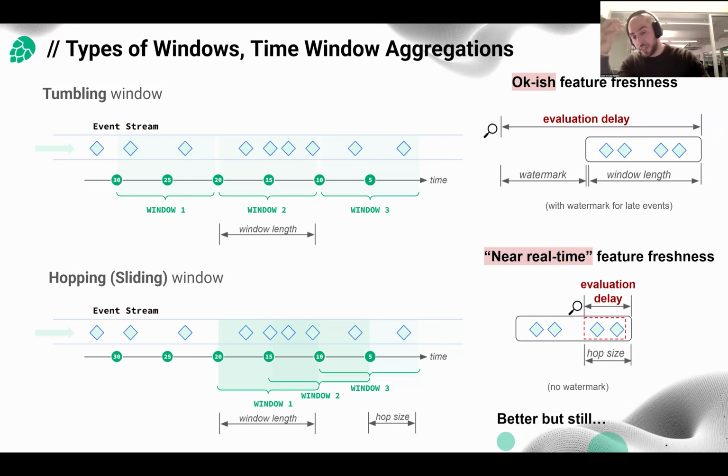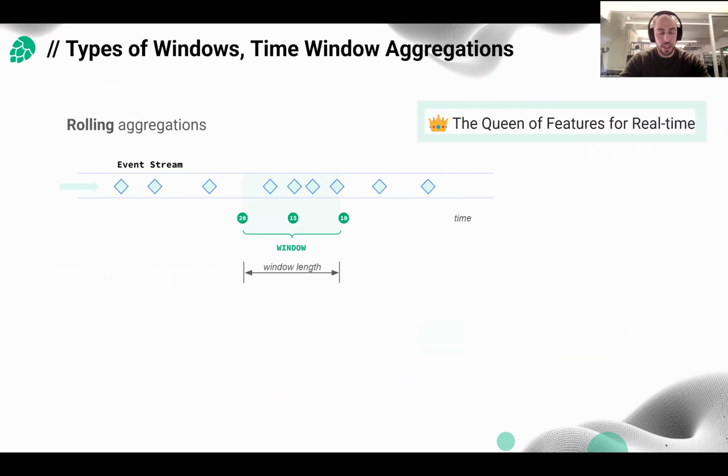And in terms of feature freshness, this type of aggregation works a little bit better, because the aggregations are computed more often or sooner, let's say. So you will get nearer real-time feature freshness. But still, there is some delay, and there are some events that you may miss when making your online predictions.